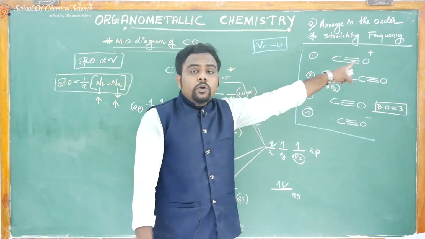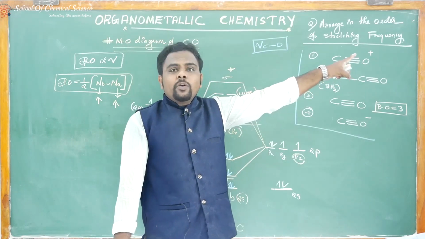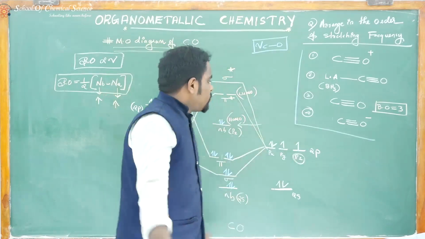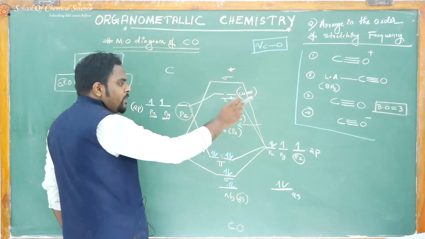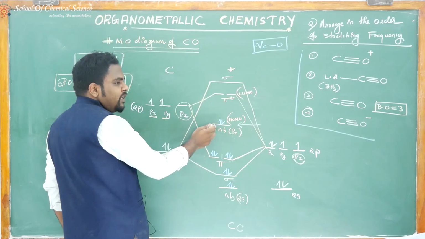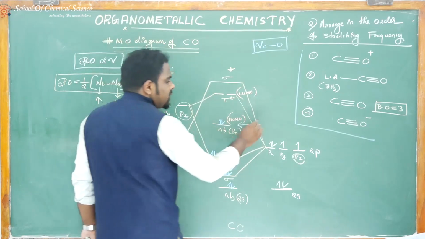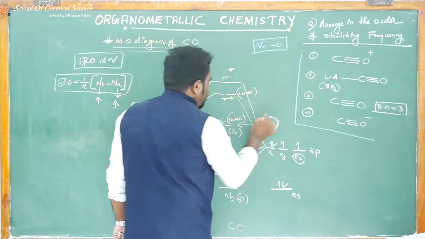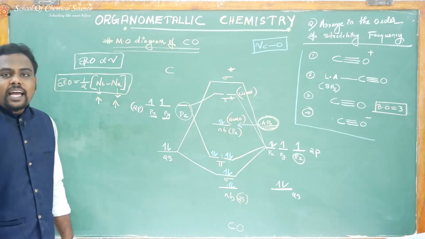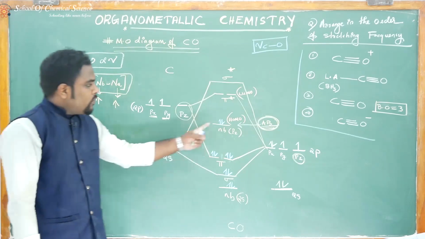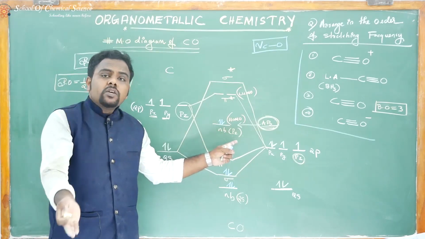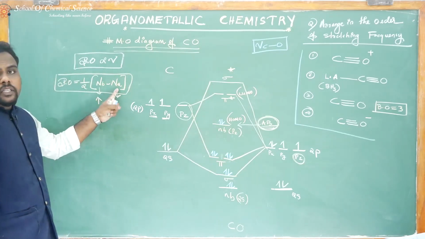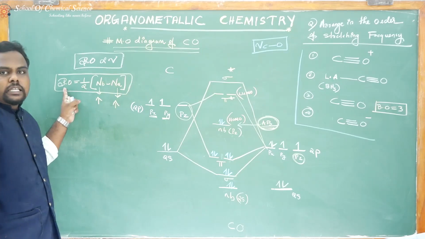Here, C triple bond O plus means one electron is lost. Definitely that electron will be lost from the HOMO. And this HOMO has anti-bonding character. So when electrons are lost from anti-bonding orbital, bond order increases.